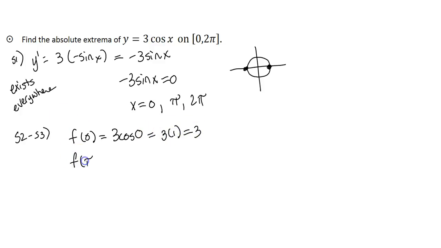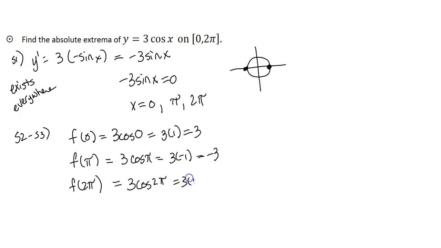We're going to find f of pi, where this is going to be 3 cosine of pi, which is 3 times negative 1, which is negative 3. And we're going to find f of 2 pi, which is 3 cosine of 2 pi, which is 3 times 1, or 3. So in this case, we have a tie. The 3 and the 3 are both the maximums, and this is the minimum.